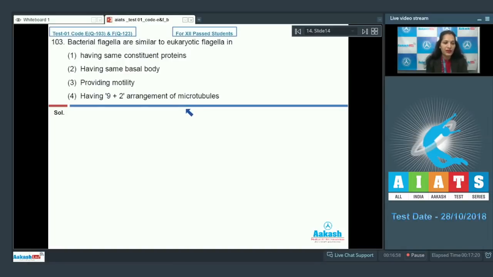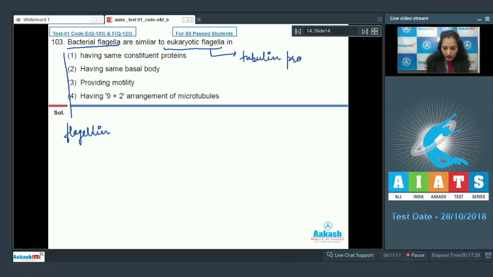They are similar in function but different in structure. The bacterial flagellum is made up of a protein called flagellin, whereas the eukaryotic flagellum is made up of tubulin protein. So this option is ruled out.